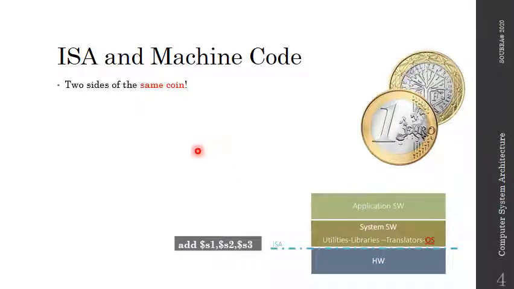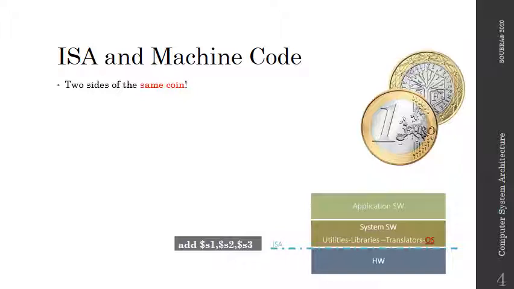Some might say that assembly code is, and it's correct, related to machine code. Now that we know that machine code is nothing but the ISA, assembly is extremely related to the ISA. Assembly is nothing but the ISA itself plus some extra pseudo instructions.